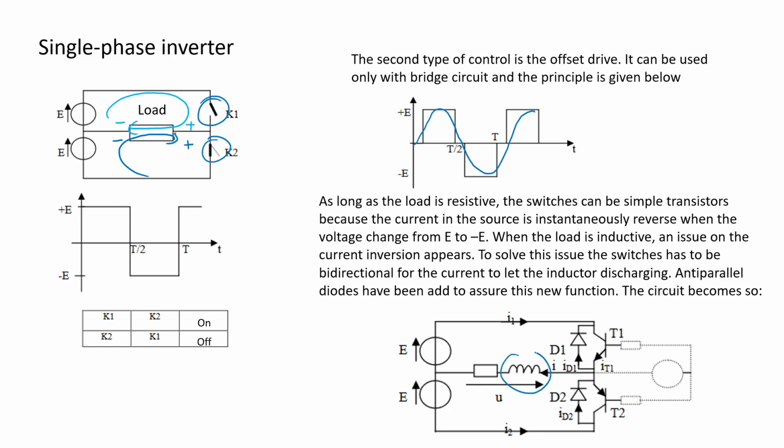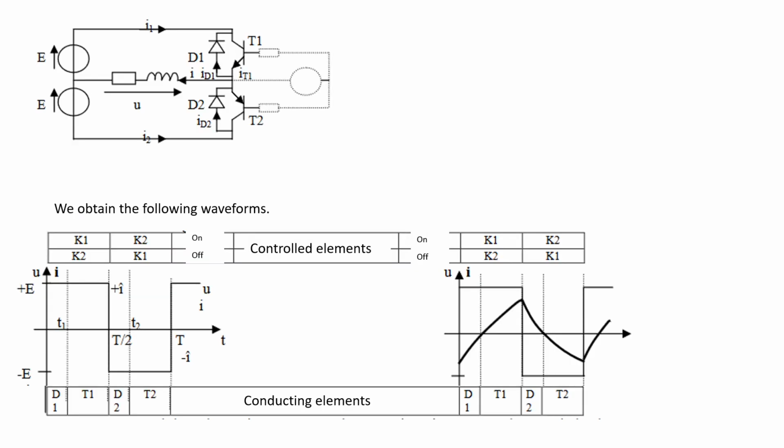So we use filter elements, like inductor in series with the load, and capacitor in parallel with the load. Just the same as the load that we used with rectifier. Yeah, we call it an LC filter in this case. Any question? Okay, then I go next.